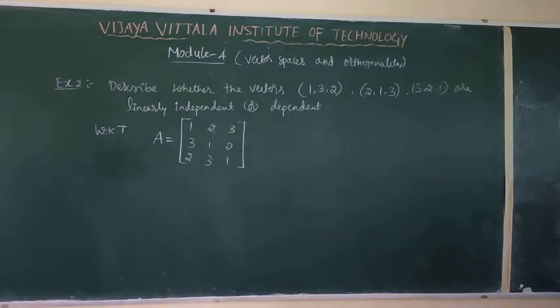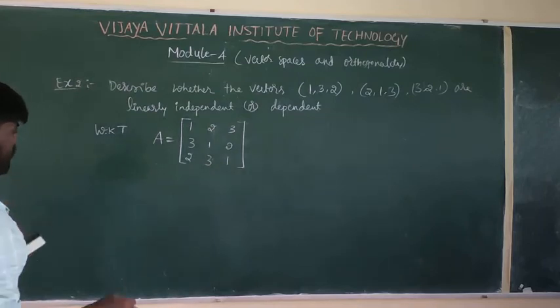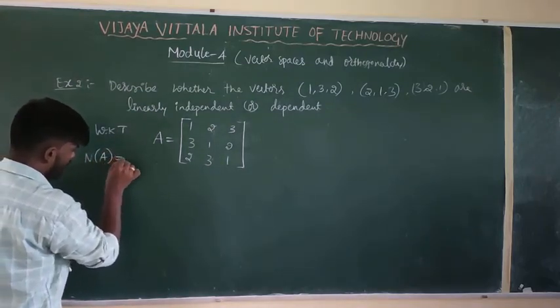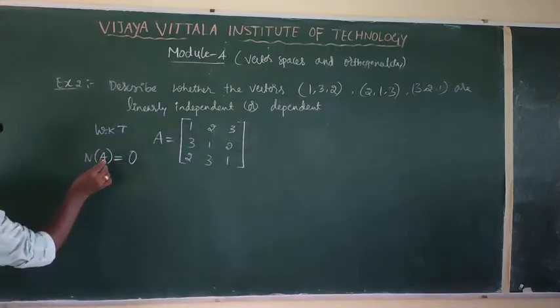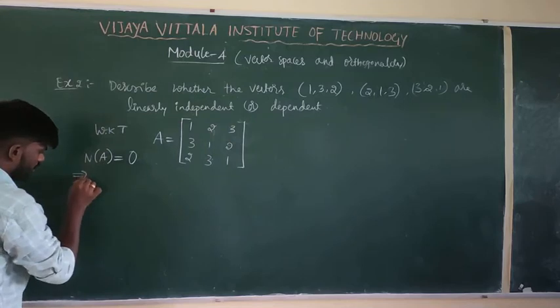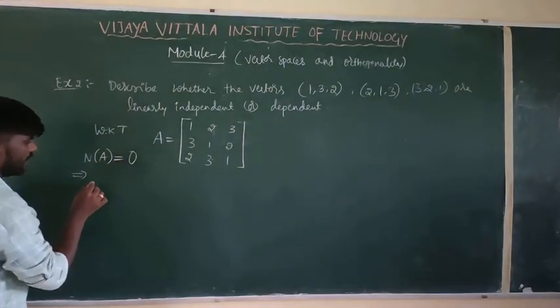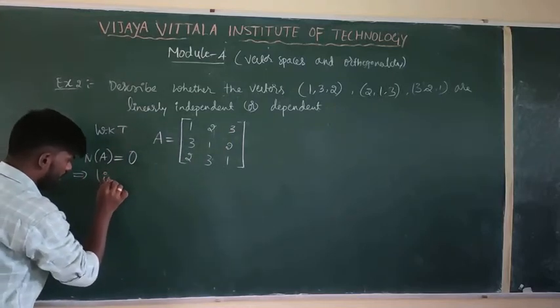To check whether these three vectors are linearly dependent or independent, we know that if the null space of this matrix is 0, which implies n of A is equal to 0, then we conclude the vectors are linearly independent.